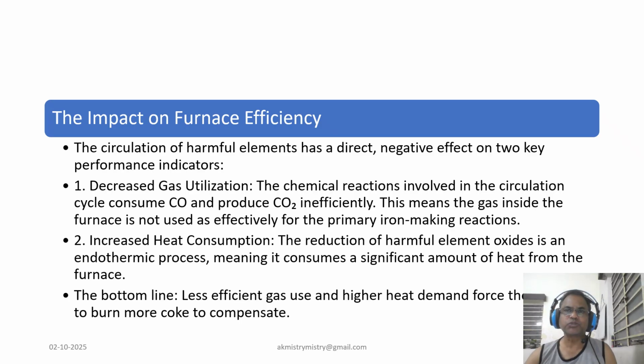Second, it leads to an increase in heat consumption. As we just saw, the reduction of these harmful element oxides is an endothermic process, meaning it consumes a significant amount of heat from the furnace. The bottom line is simple. With less efficient gas use and higher heat demand, the furnace is forced to burn more coke just to keep up.